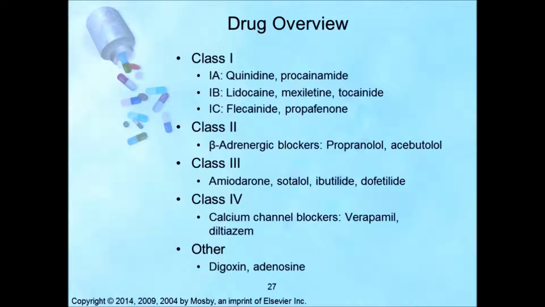The Class 3 drugs include amiodarone, most commonly known, and sotalol. These drugs prolong phase 3 repolarization by blocking potassium channels. The QT interval is prolonged on the EKG when these drugs are taken. This prolongation also increases the risk of torsades de pointes, which is a ventricular tachycardia.